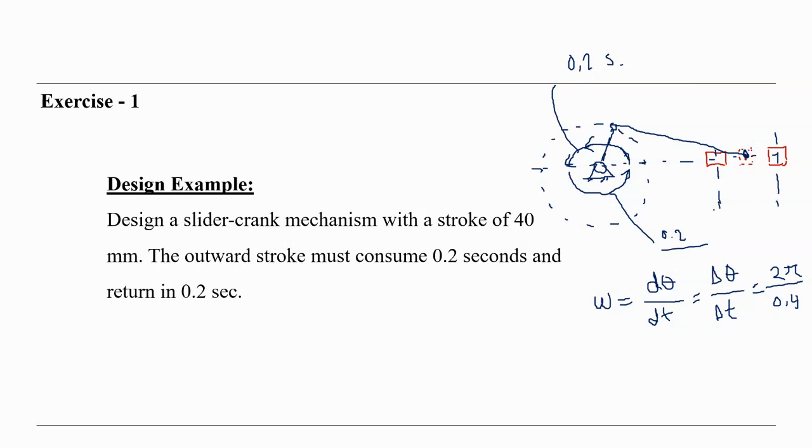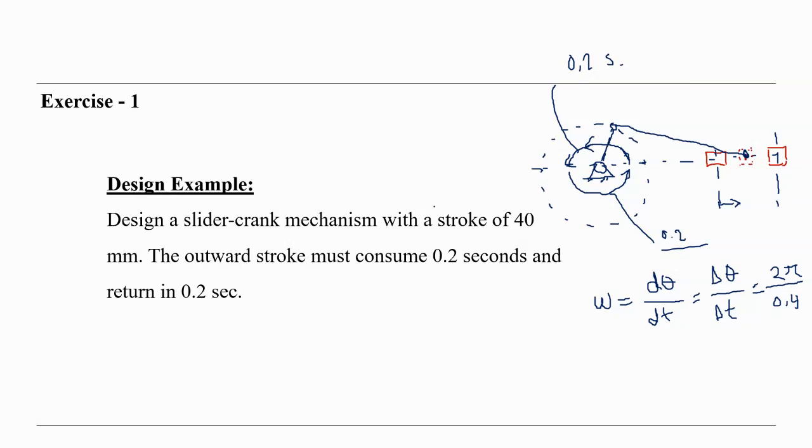If it goes from the limit position 1, the initial position, to the advanced position, in most cases we need a slow motion, because the piston maybe is doing a work, and this work needs a certain speed, not fast, slow.